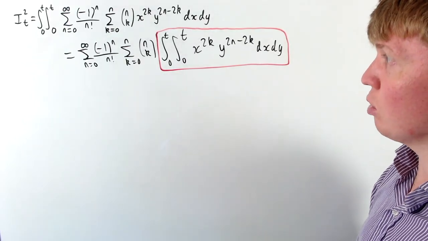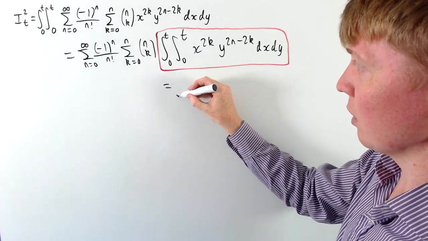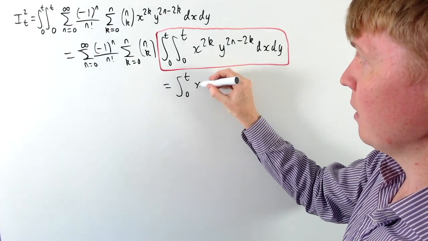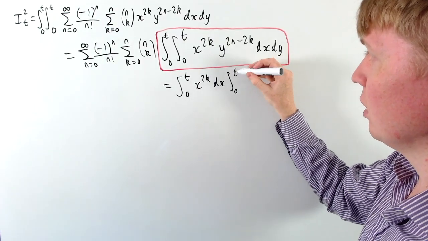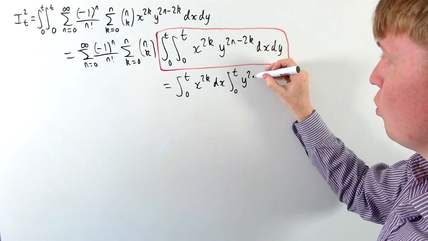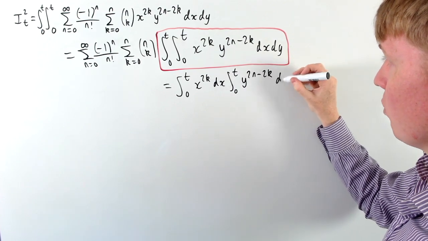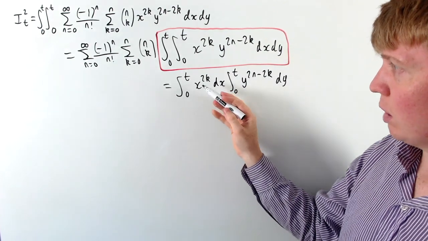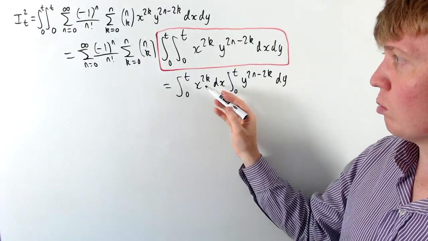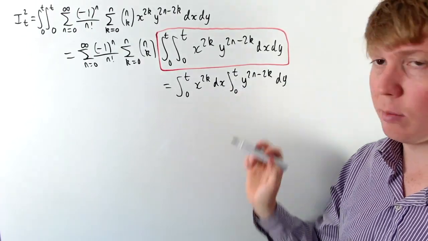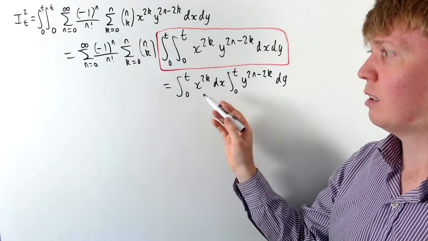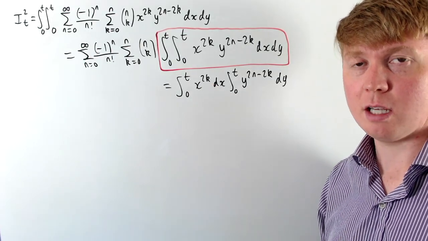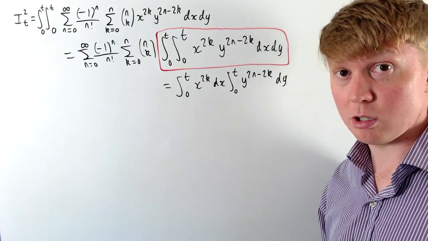We can rewrite this whole integral then as the integral from 0 to t of x to the 2k with respect to x, times the integral from 0 to t of y to the 2n minus 2k with respect to y. When we evaluate these integrals, we have x to the 2k plus 1 over 2k plus 1 evaluated at t, then subtract the same thing evaluated at 0, and our contribution at 0 is just going to be 0.